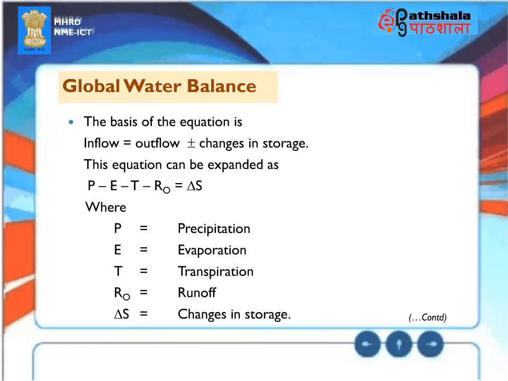This equation can be expanded as P - E - T - RO = ΔS, where P equals precipitation, E equals evaporation, T equals transpiration, RO equals runoff, ΔS equals changes in storage.